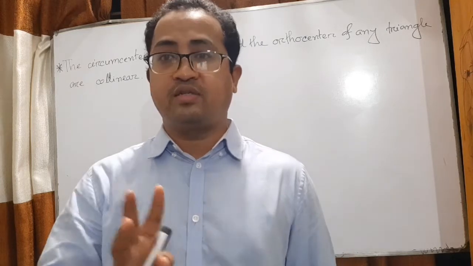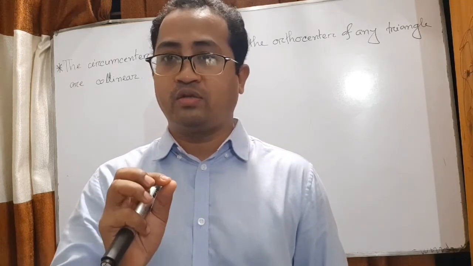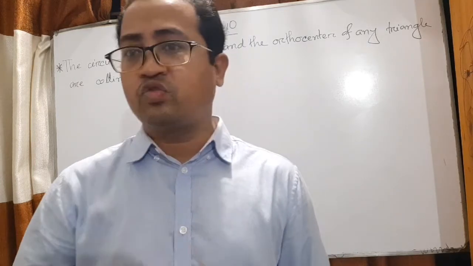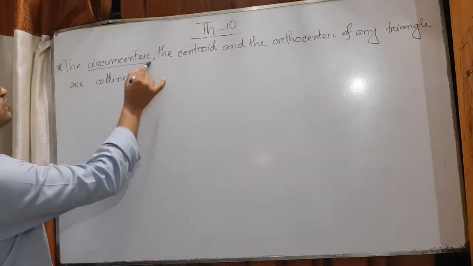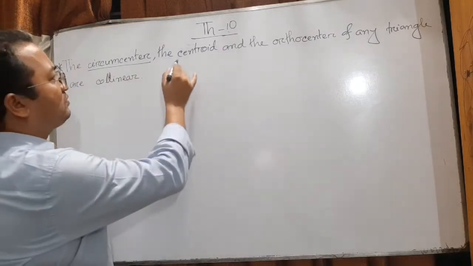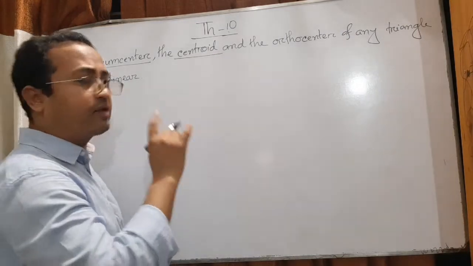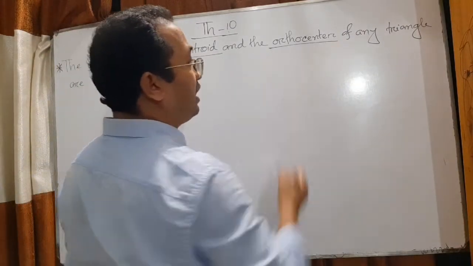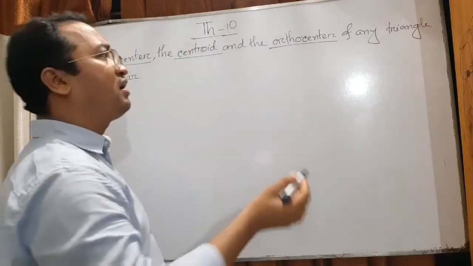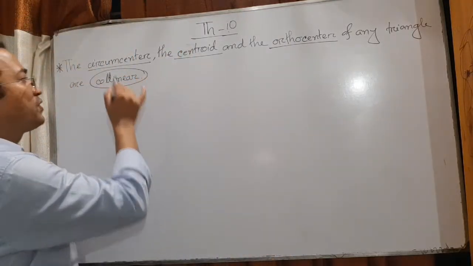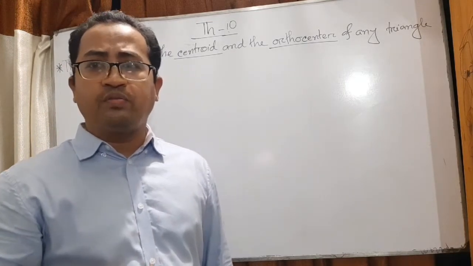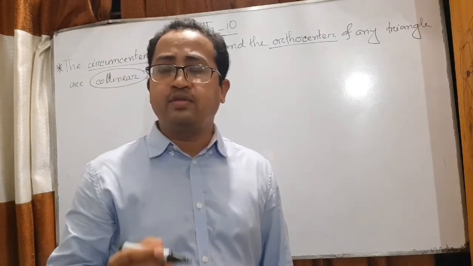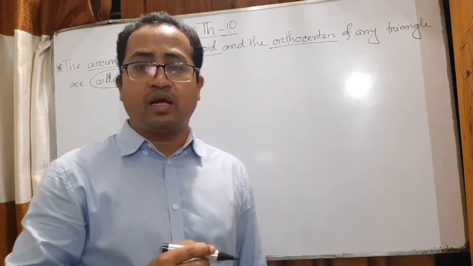There are three centers, three points, integrated in this question. Look at the question. Circumcenter, this is one point. Centroid is also another point. And orthocenter, another point. These three points are collinear. Hope that all of you understood collinear. Collinear means the points lie on the same line.